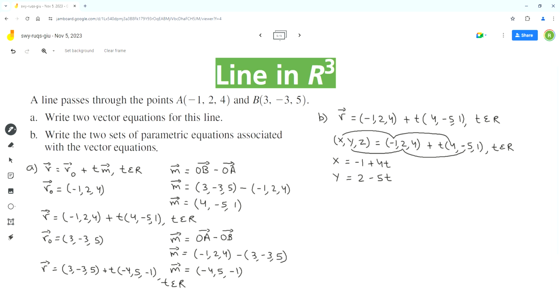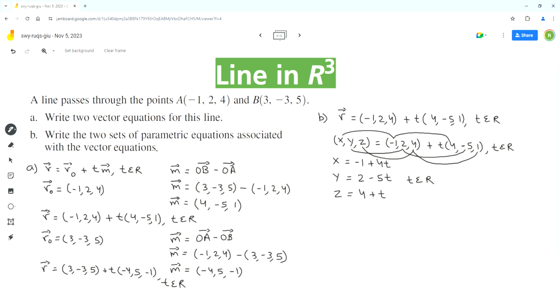And now we can write the z equation using the z components of these three vectors. And we'll multiply 1 by t. These are the parametric equations for the first vector equation.